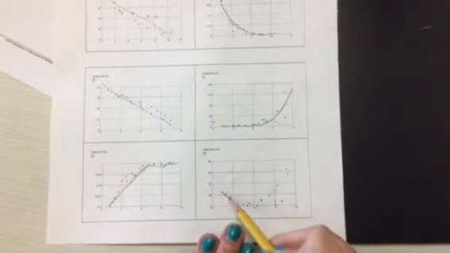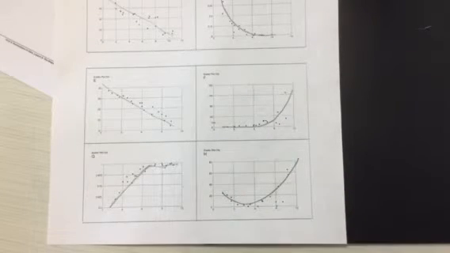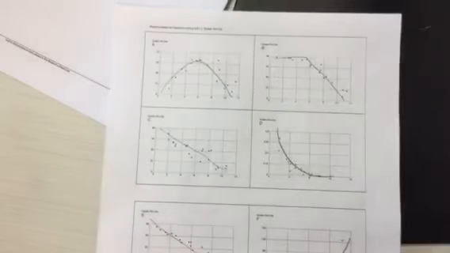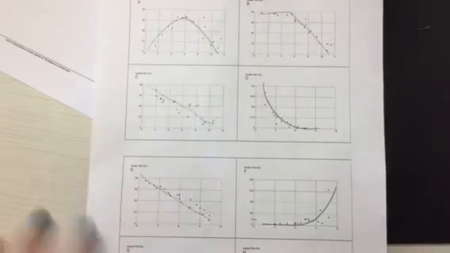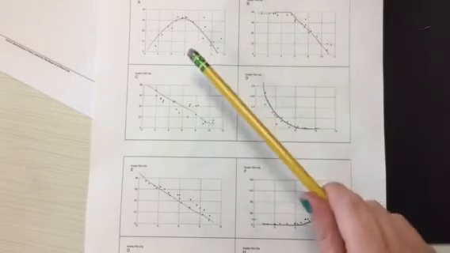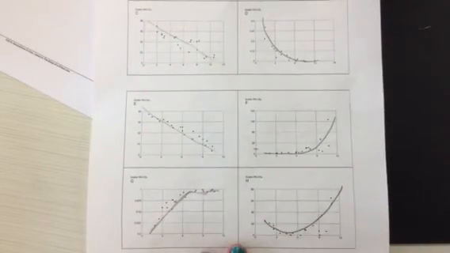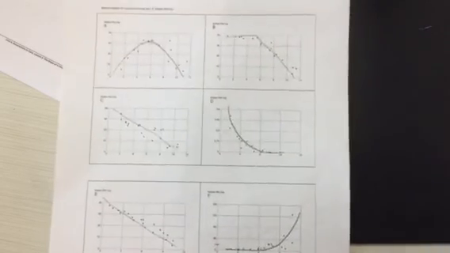And then H, it looks like a big curve as well with some extra points down here. So for linear associations, I would say probably only C and E have a linear association, and then A, B, D, F, G, and H all have nonlinear associations.